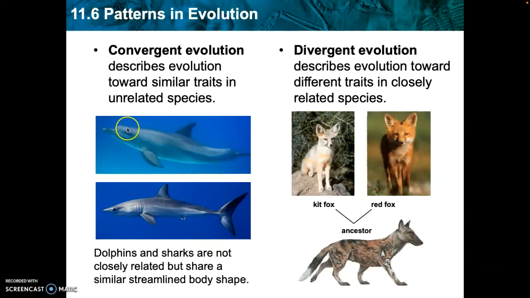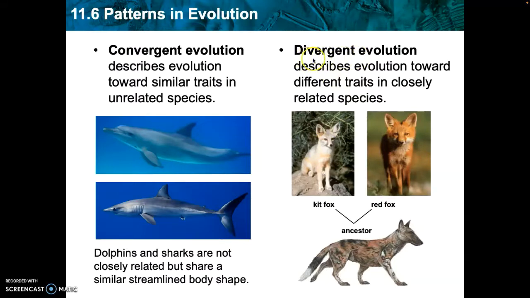They even have this coloration pattern where it's kind of a dark gray on top and a lighter white color on the belly. You see that in both of them. It's a pattern called counter shading, and they are a result of the environment and not a common ancestor. So this is convergent evolution, where distantly related species are becoming more similar because of a similarity in habitat.